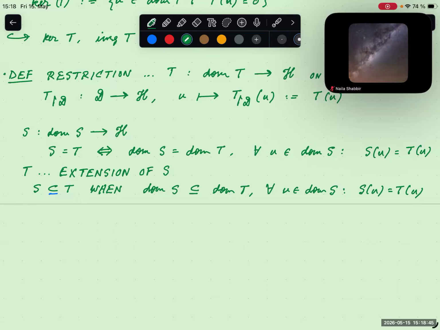I think these are fairly intuitive, what you actually expect. You can also say that S is a restriction of T. That's also equivalent. So you can also write S is the restriction of T. Okay, same.